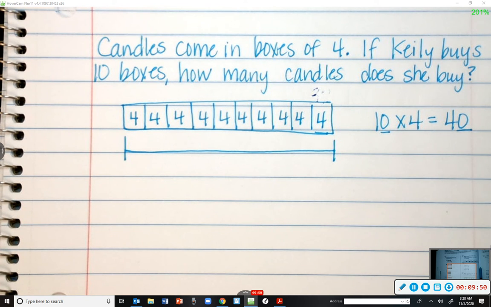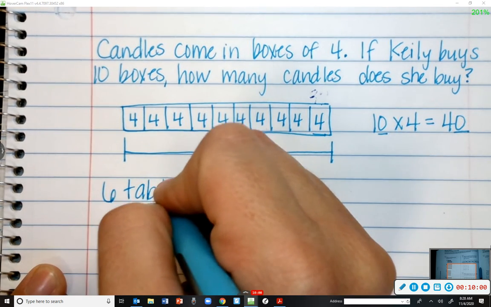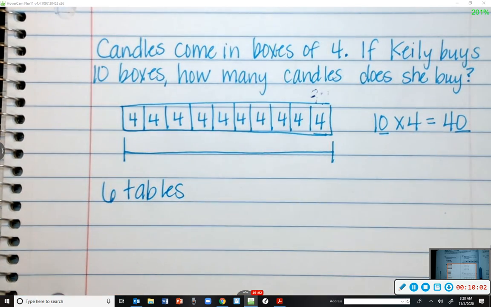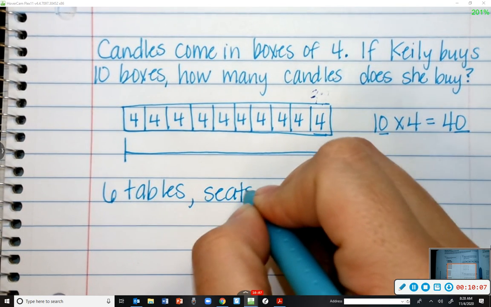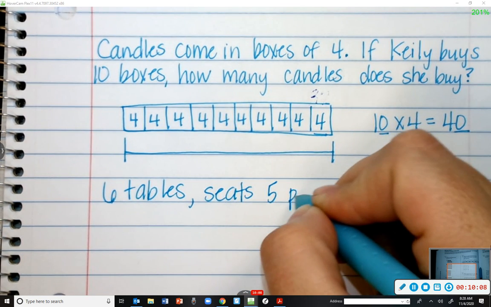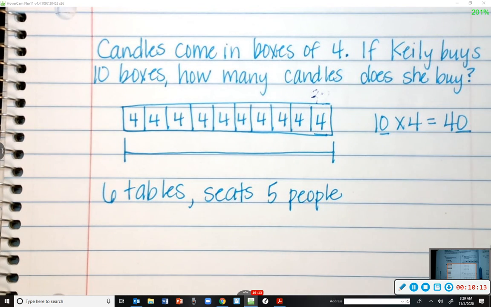How many people can sit at the tables? Okay, I will repeat that. Gregory sets up 6 tables. Each table seats 5 people. How many people can sit at the tables?